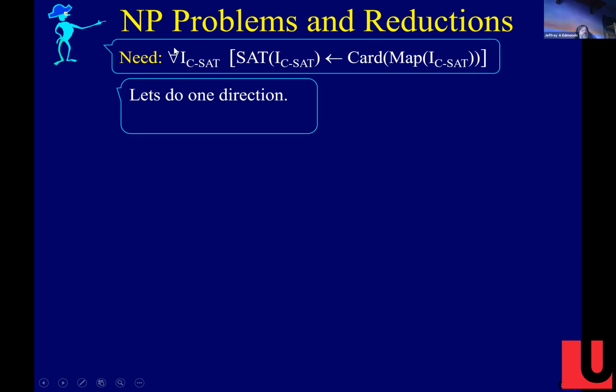What we're going to prove is you give me an arbitrary set of clauses. You map those clauses over to a bunch of cards, and you assume that those cards are satisfiable. Then that gives me that the clauses are satisfiable. Everybody ready to prove that?